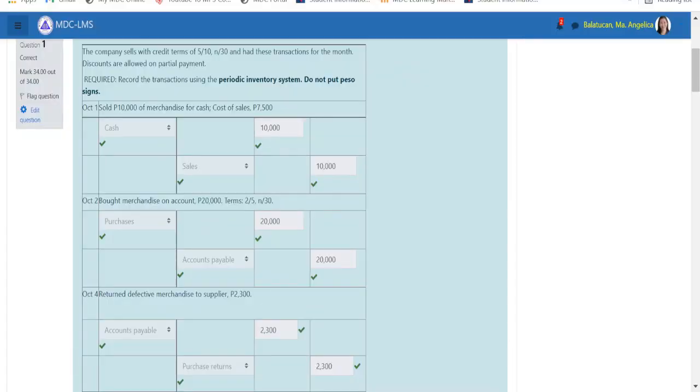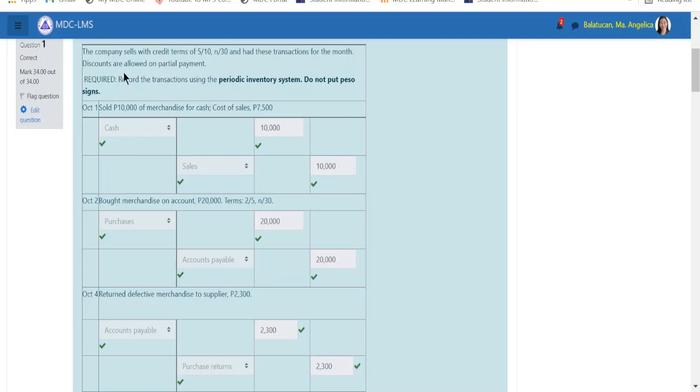Now let's proceed to the next exercise. This is with regards to the journal entries for the periodic and perpetual system. So the problem states the company sells with the terms 5 over 10 and 30 and had these transactions for the month. Discounts are allowed on partial payment.